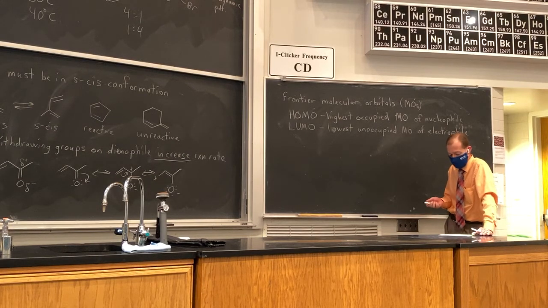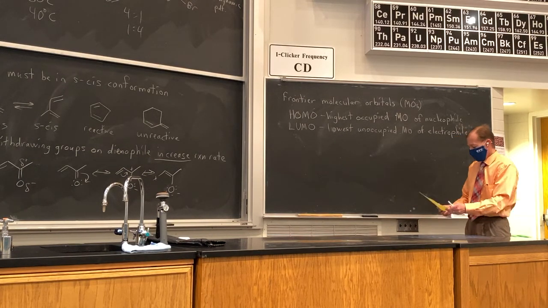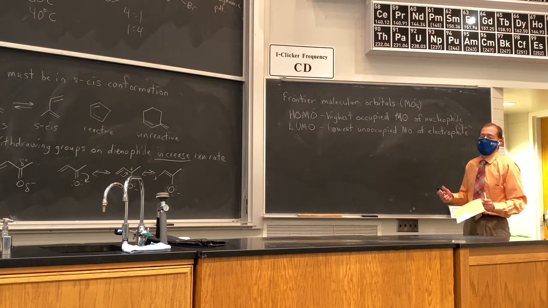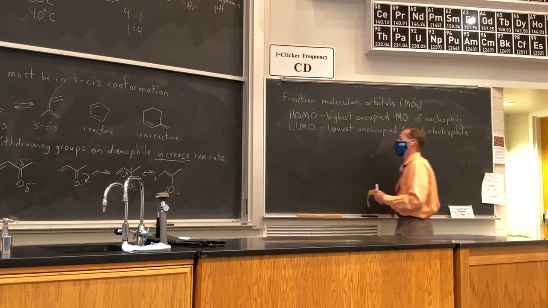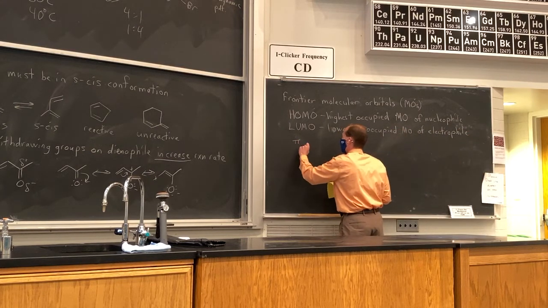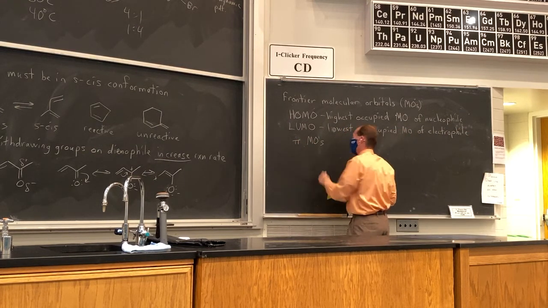Okay? So let's look at a simple Diels-Alder reaction between the simplest one possible, with ethylene as our dienophile and 1,3-butadiene as our diene. Okay? So to look at the frontier molecular orbitals of a diene and a dienophile, we only need to look at what we will call the pi molecular orbitals.